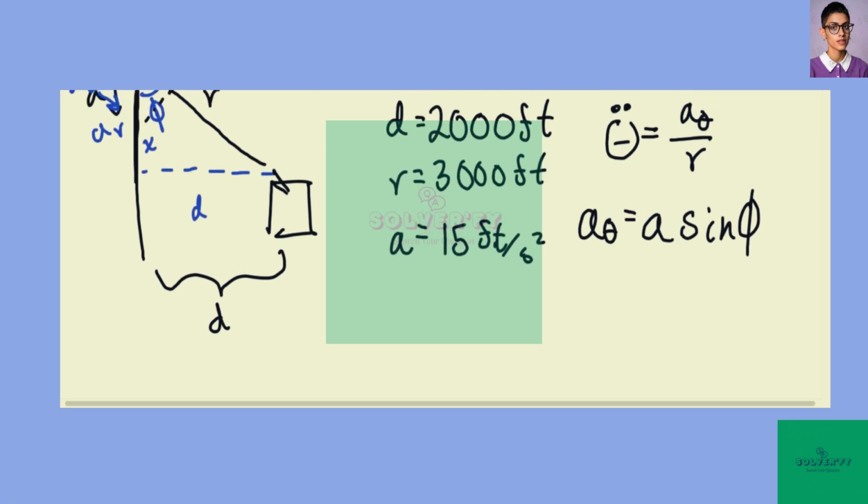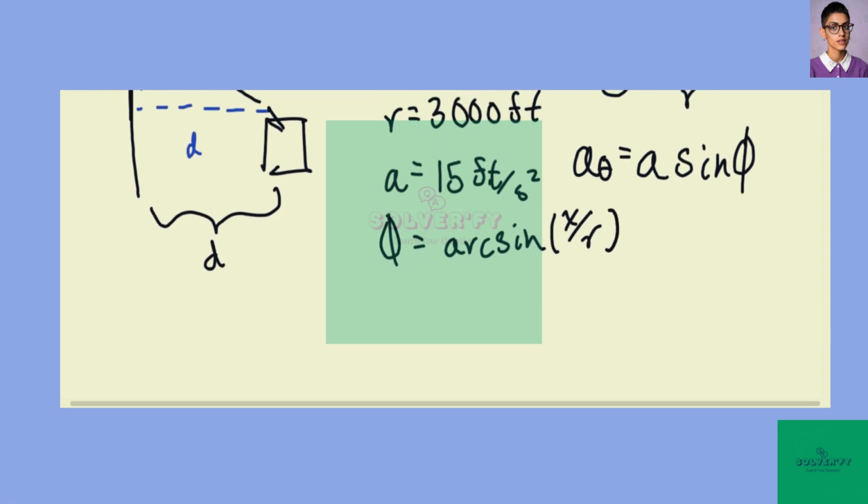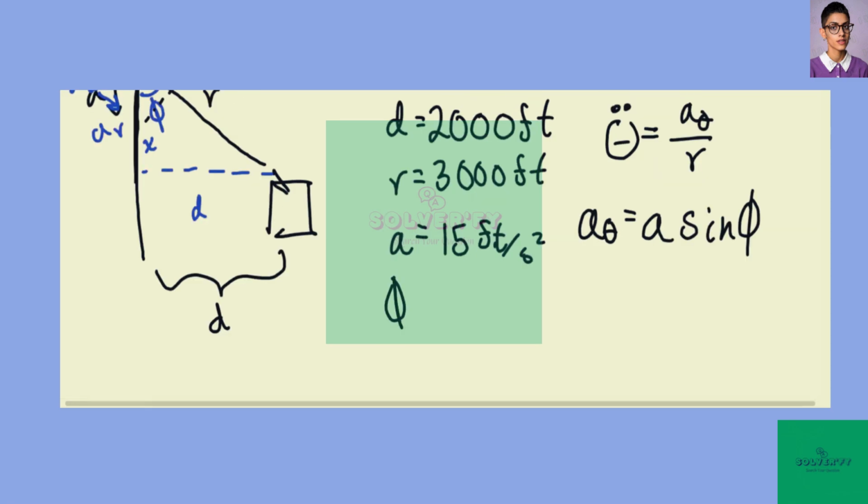Next, we can determine phi if we define a triangle where d is again the distance between the boat and the shore, and x is the distance between the point on the shore that is closest to the searchlight and the car. Then phi can be defined as arcsine of opposite over hypotenuse.